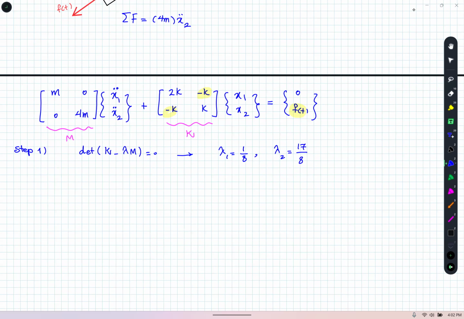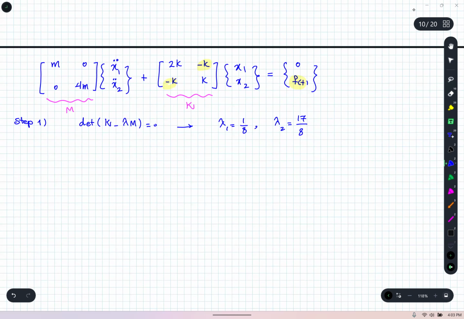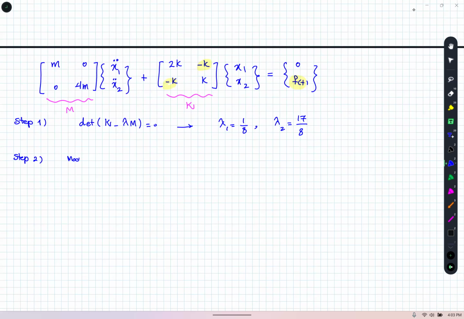And if you've done this problem and you notice your results are different and you're sure that your result is correct, I might have made algebra mistakes. So don't worry, just let me know. But the steps are correct. Step number 2, you find your mode shapes, which you know how to do.